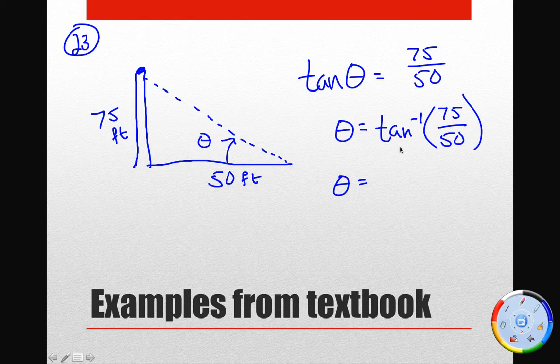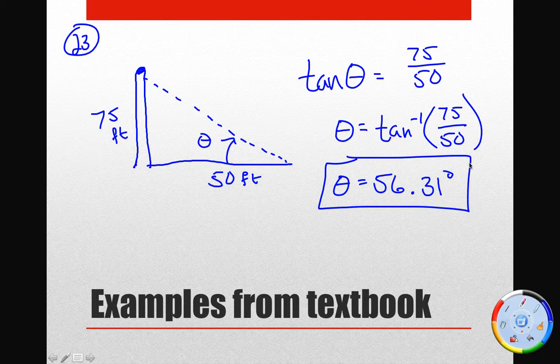Again, keep your calculator in degree mode. And I get an angle of 56.31 degrees. Also remember that when you find the tangent inverse of something, or sine inverse, cosine inverse, you're finding an angle. So this isn't 56.31 feet, it's 56.31 degrees.